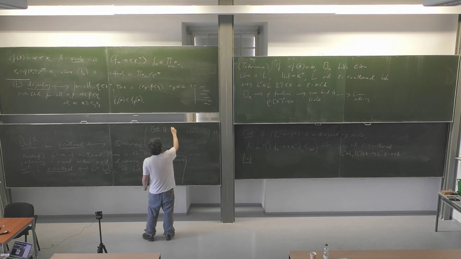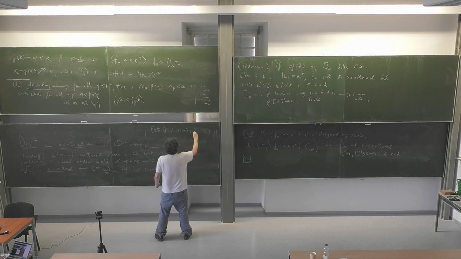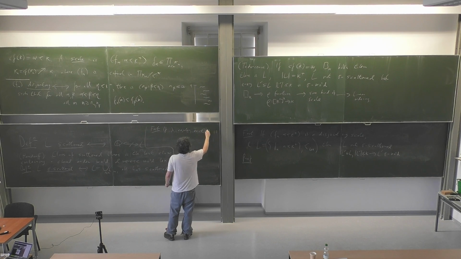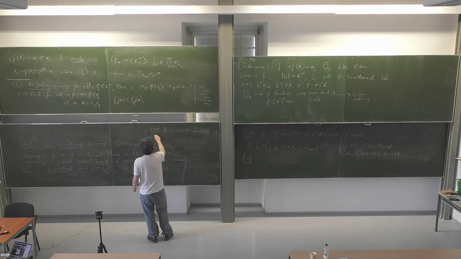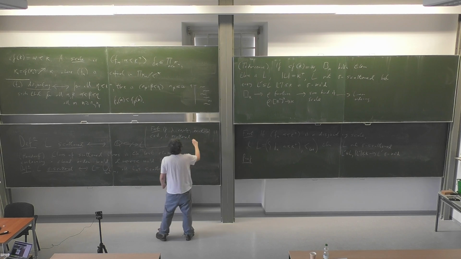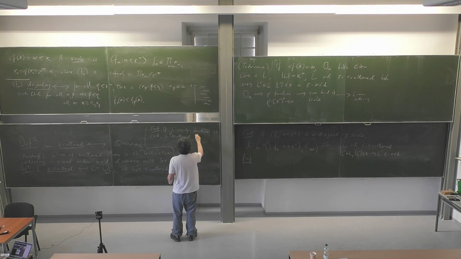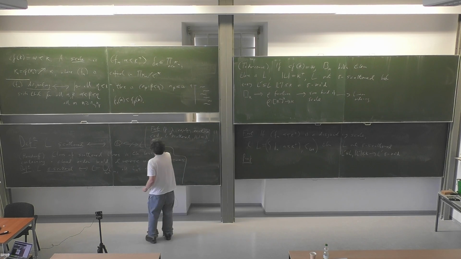Let me call it lambda. If lambda is a regular uncountable cardinal, and L is sigma scattered, and the cardinality of L is lambda, then one of two things happens.